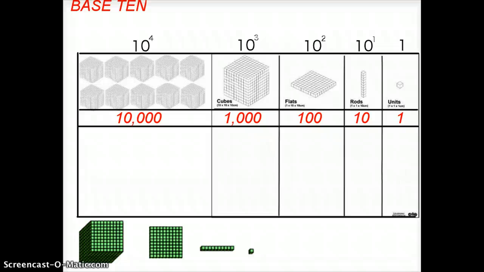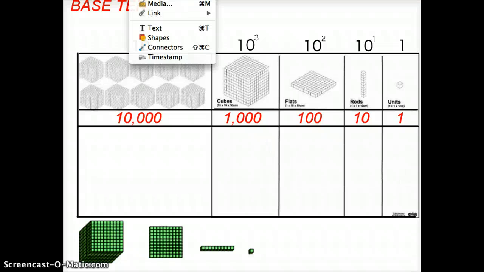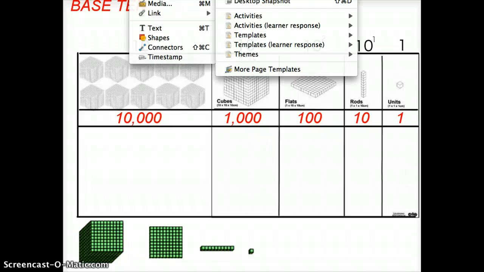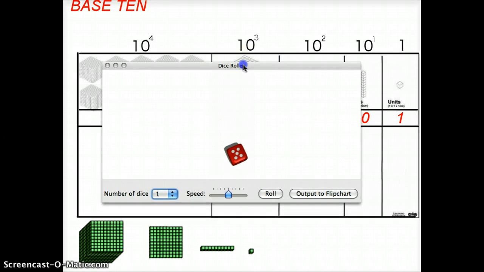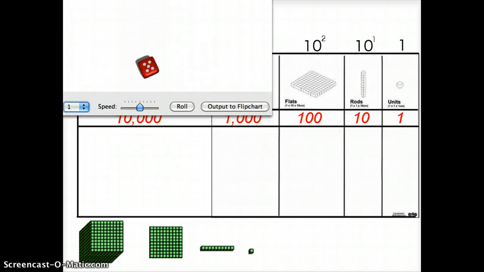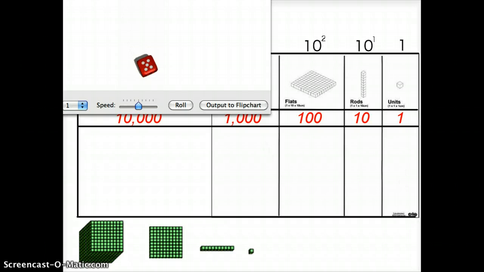So what we would do is pair students, or have students do this independently. They would need dice, and what they need to do with this dice is roll. Okay, so this would be a 6, so the students would have to take out 1, 2, 3, 4, 5, 6 items.